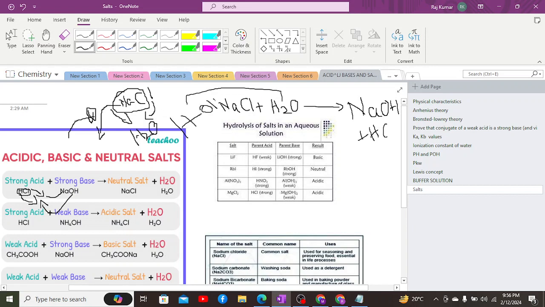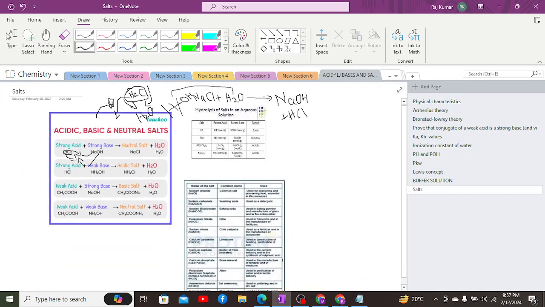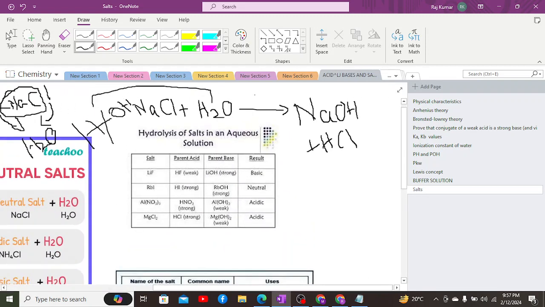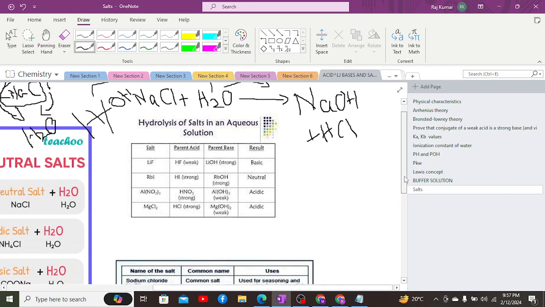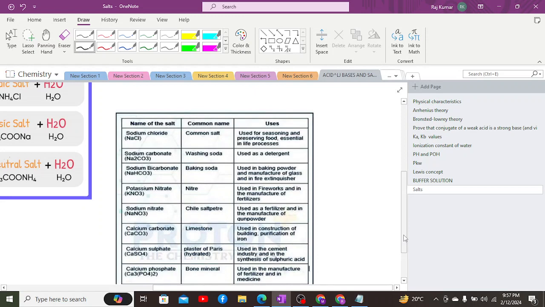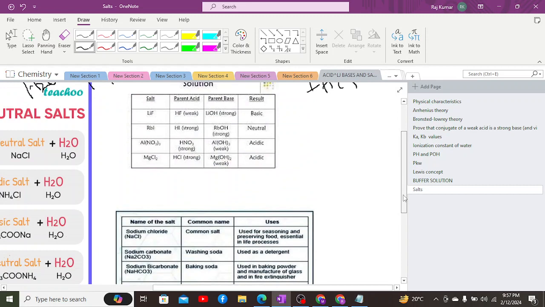As a result, the H ions combine with the anion part of the salt, and the OH part combines with the cation part of the salt. This forms the acid and base once again, and this is the process known as hydrolysis, in which the cleavage of the water bond takes place.